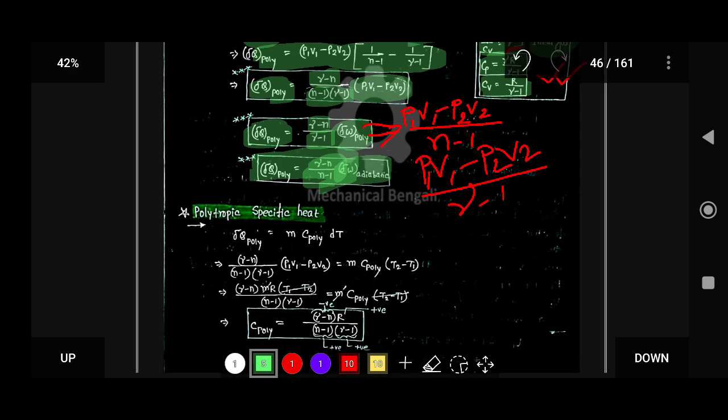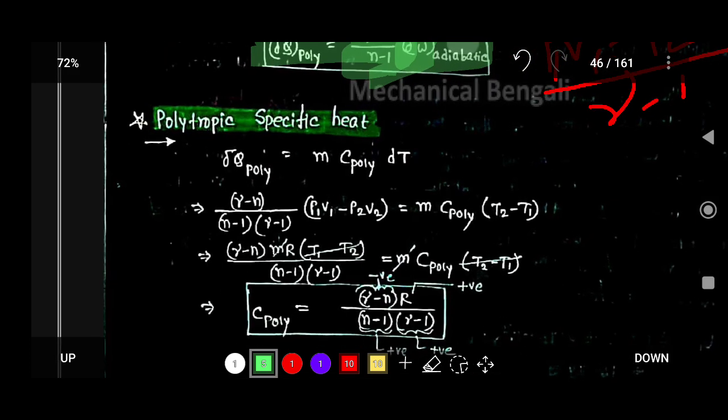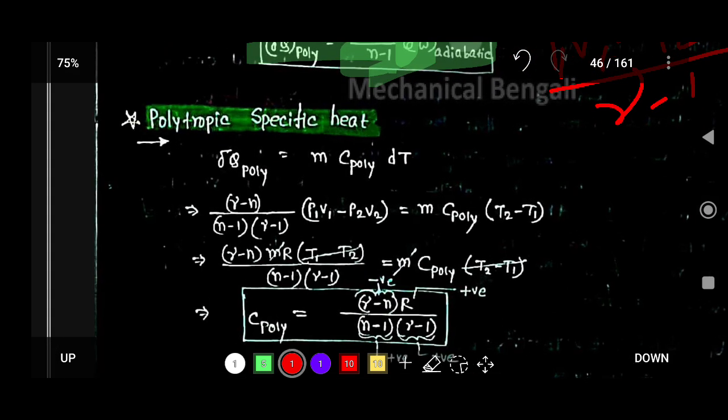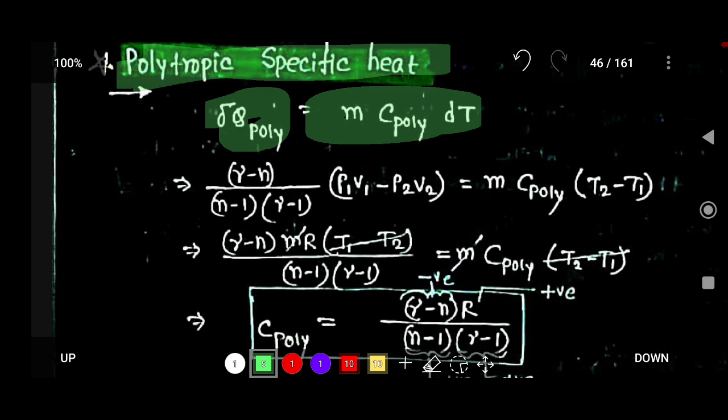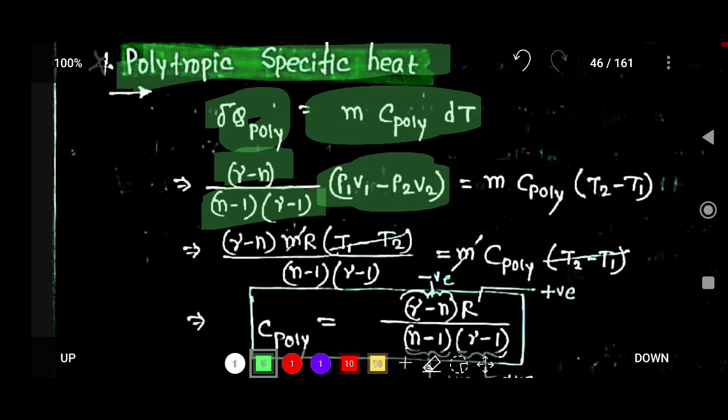Now focus on polytropic specific heat. Del Q polytropic equals m C poly dt. Del Q polytropic is gamma minus n upon n minus 1 into gamma minus 1 P1 V1 equals m C poly into T2 minus T1.